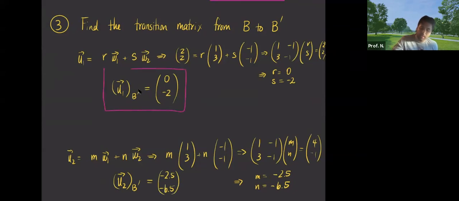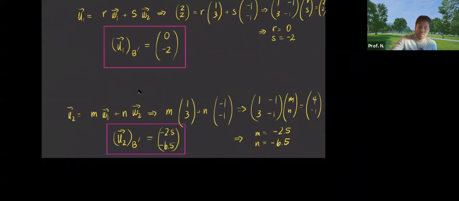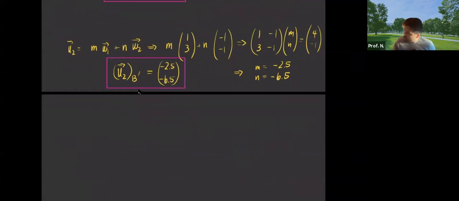Now, why do I care about this? Because these are going to be the columns of my transition matrix. The way we denote that is by P, taking B into B prime.